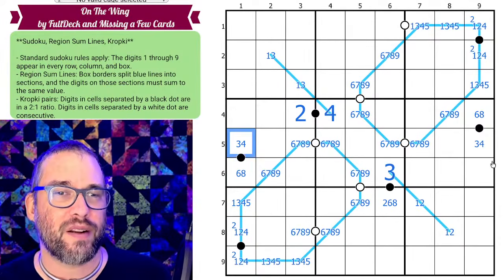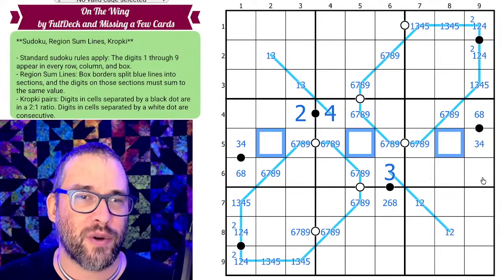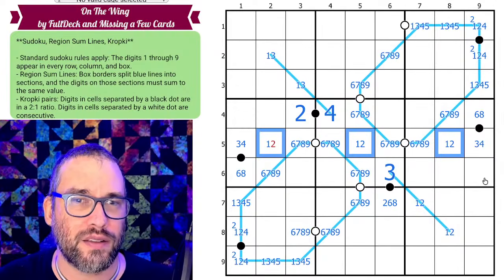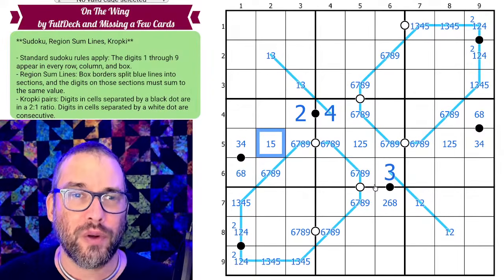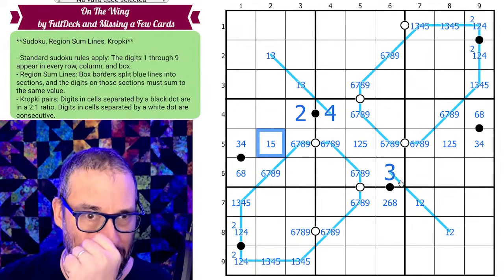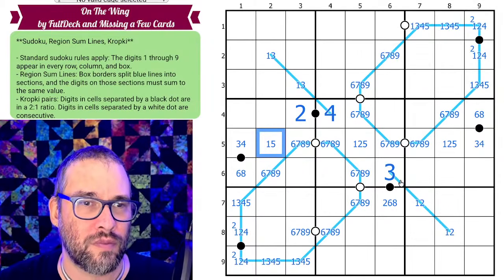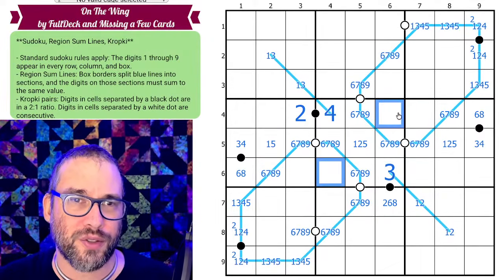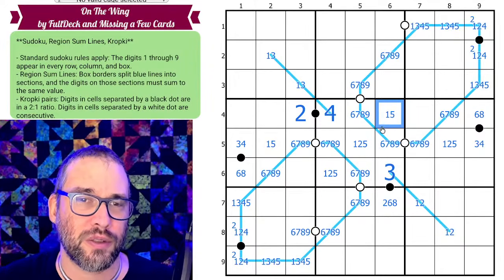So we actually get a 3-4 pair and a triple left in the row of 1, 2, and what's the other one? 5. That one's not the 2. This is also a 1, 2, 5 triple for what that's worth, and that's not 2.